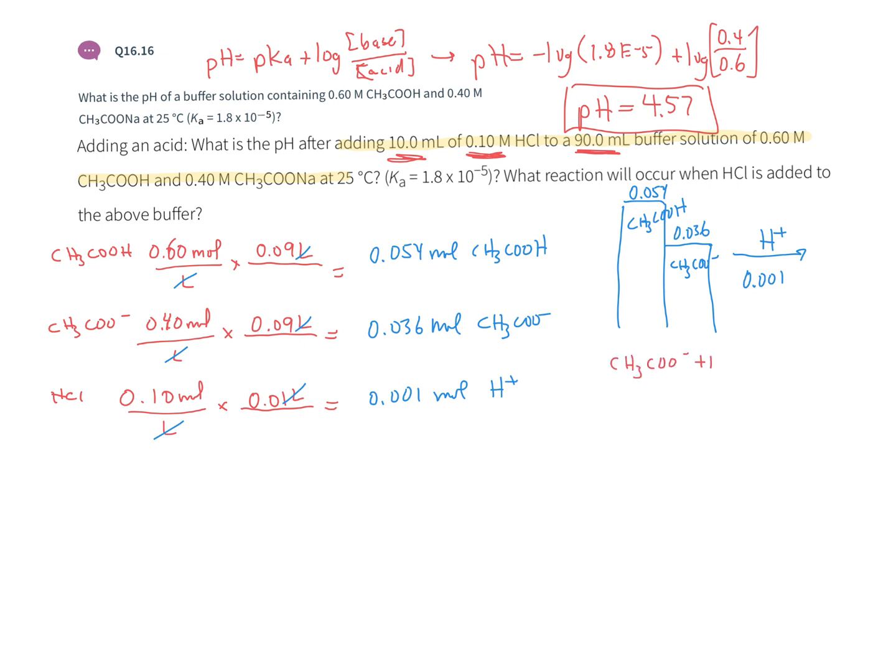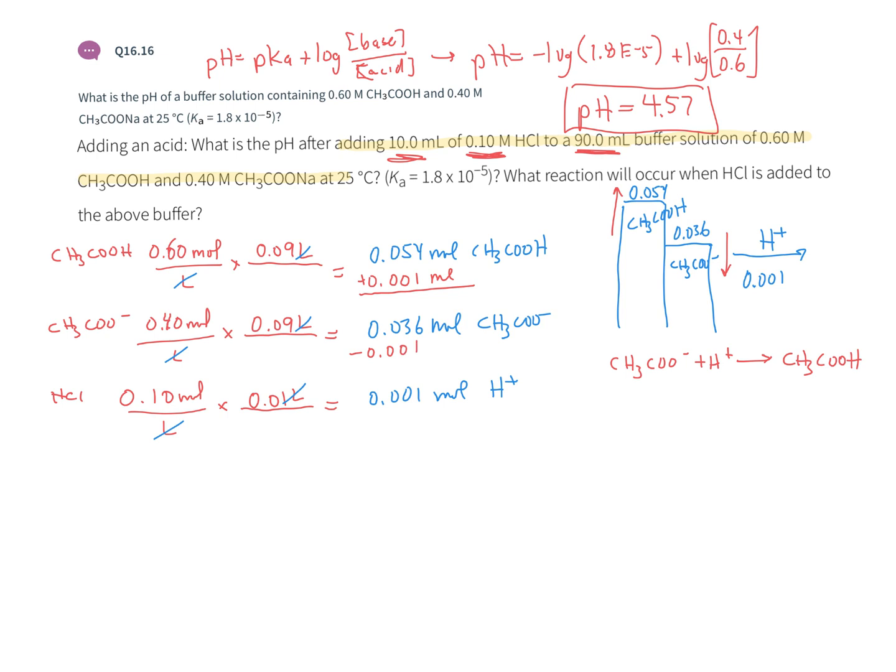The conjugate base is going to react with the proton to form more acetic acid. So the concentration of acetic acid will go up. The concentration of acetate will go down as it gets protonated by the strong addition of that acid. I'm going to add that amount to my acetic acid because I'm going to make more.